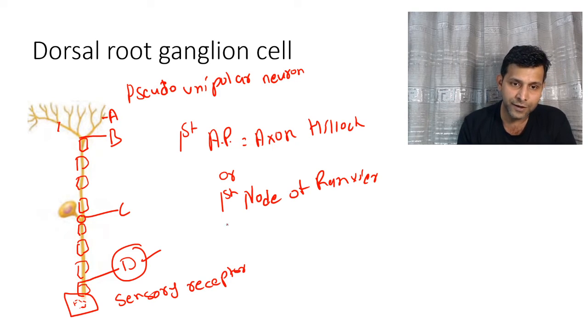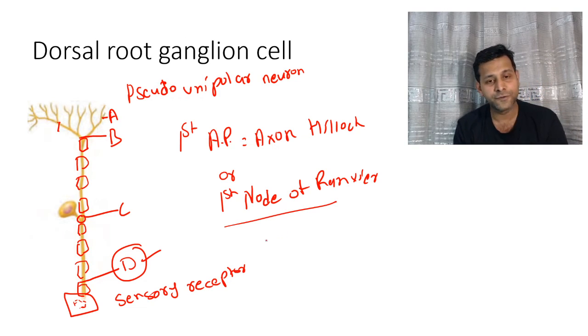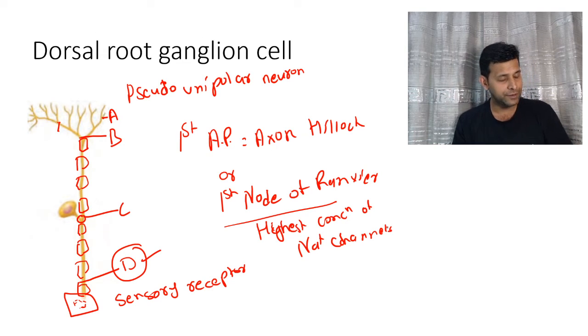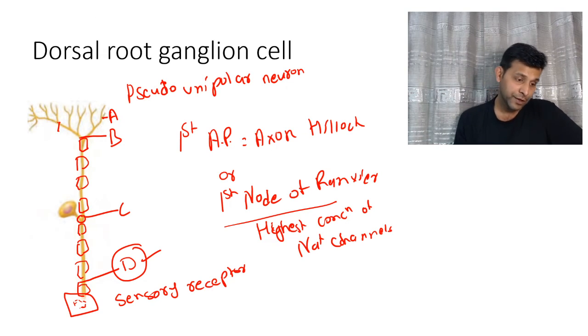The first node of Ranvier again has the area of highest concentration of voltage gated sodium channels. So these are the important points which I want you to remember. So the answer is of course D.